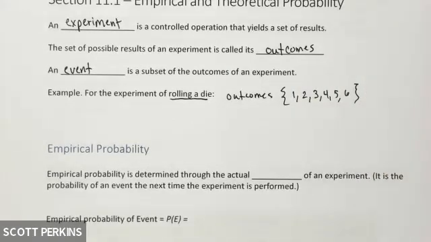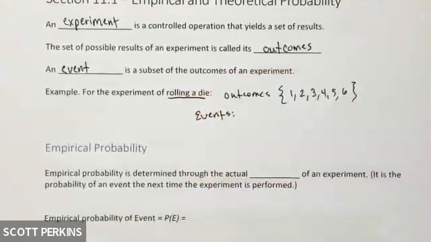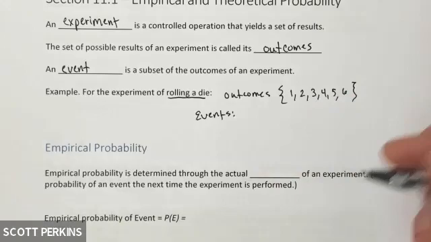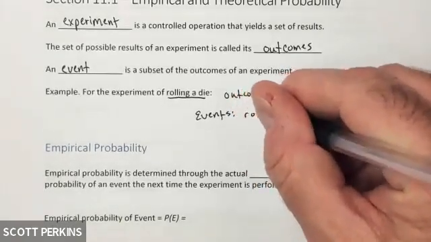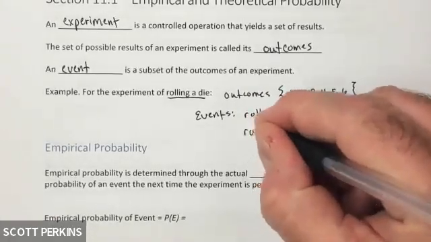Then we could talk about events that are some subset of this. So some events, just examples of them, because this is the lingo and how things are going to look as we go through this unit. Events could be rolling a 2. That is a subset, just that one event. Or I could talk about rolling an even number.